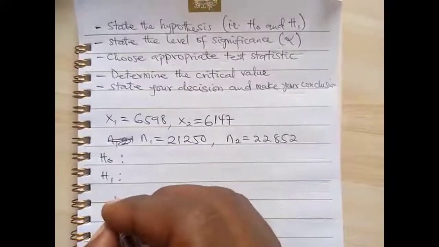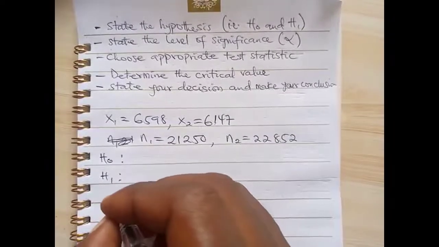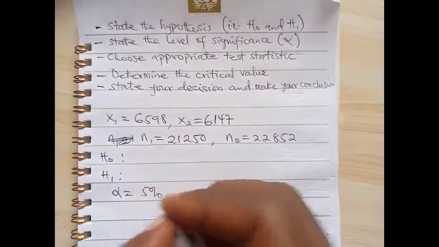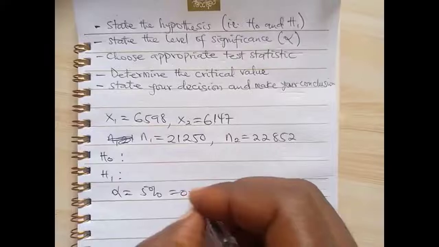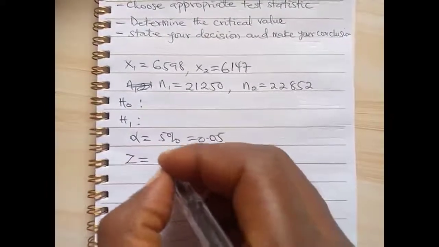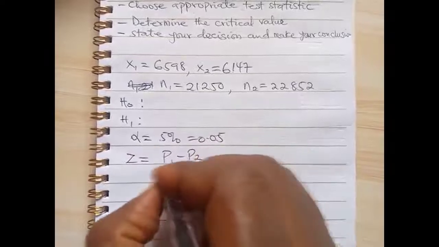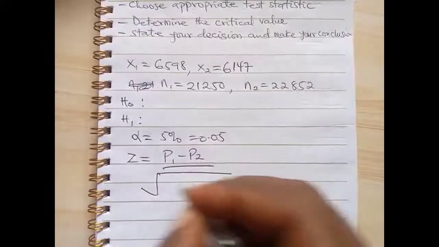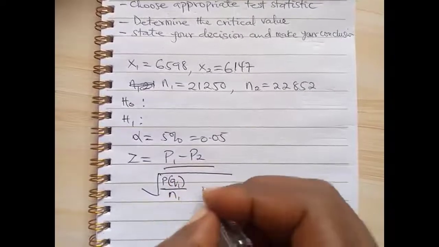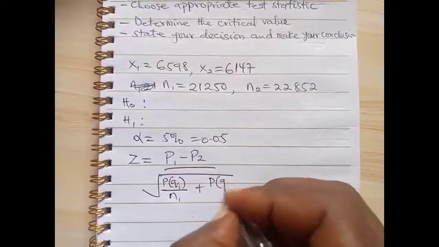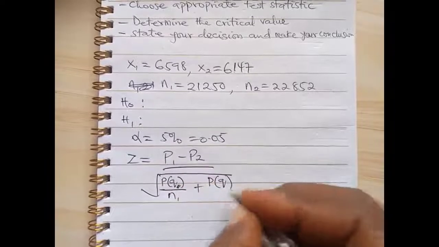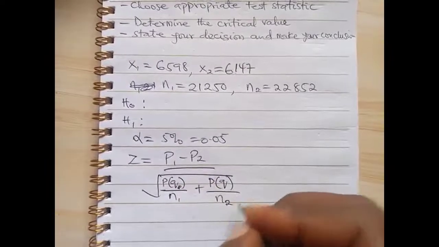So the next step is to state the level of significance, alpha. The level of significance given to us was 5%, which is 0.05, 5 over 100. So the formula we're going to use is P1 minus P2 all over square root of P into Q over N1 plus P into Q over N2.